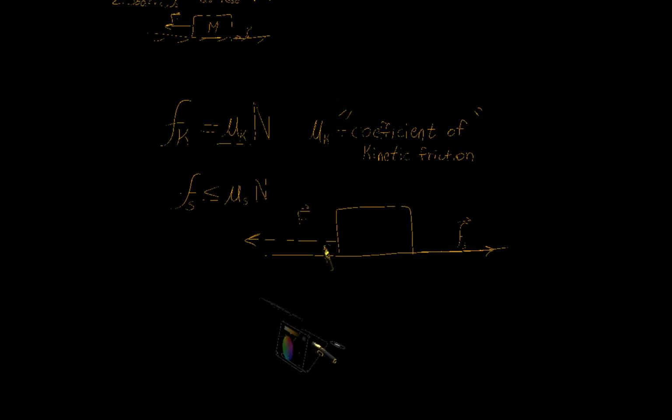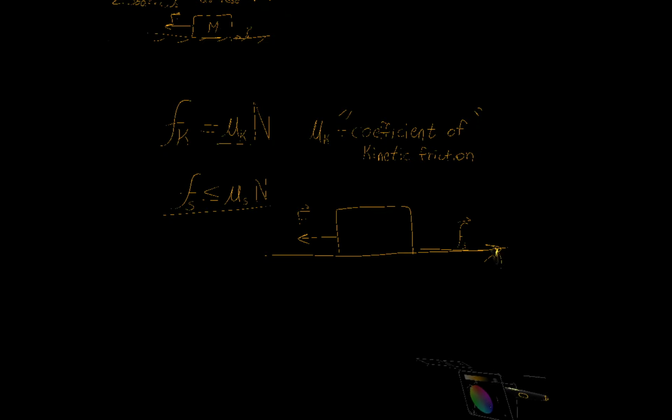If you pushed with a small force, less than the threshold force to get it going, and if the universe worked in such a way that this was not less than or equal to, but just equal to, then the friction would be some great force that way, and you'd push this way, and the box would go that way.